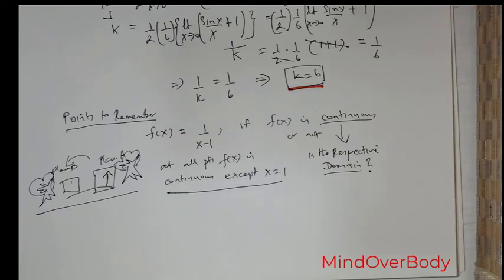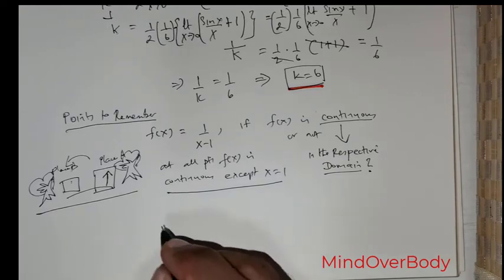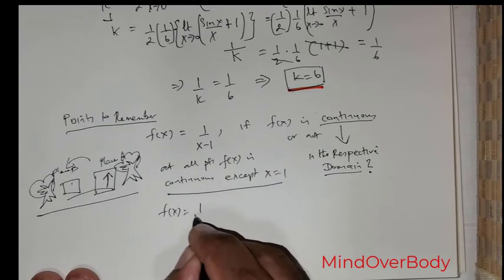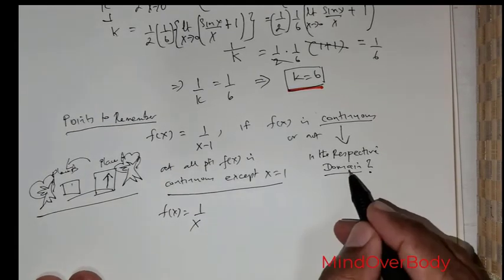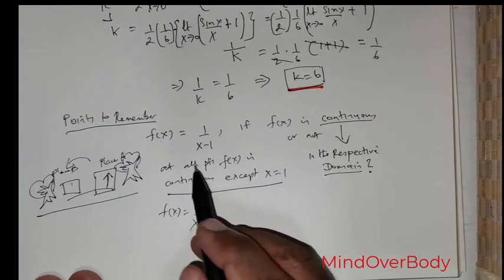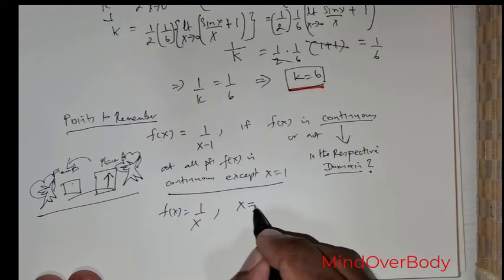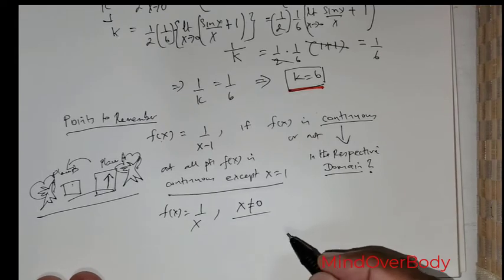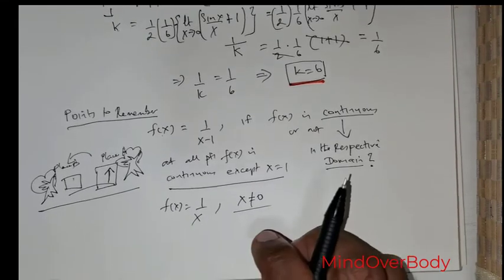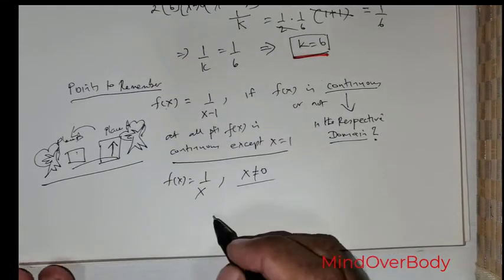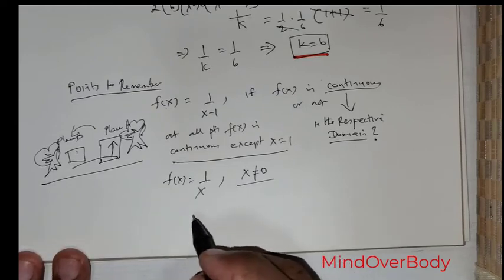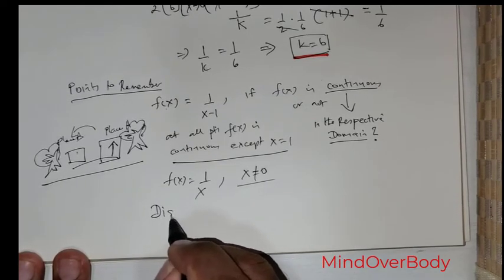So the point we have to understand here is whenever we talk about f of x being continuous, we are looking at the domain. In this case f of x is continuous, in this case also f of x is continuous. The only thing is that x should not be equal to 0. So what are we really talking about on the other end? We are actually talking about discontinuity.